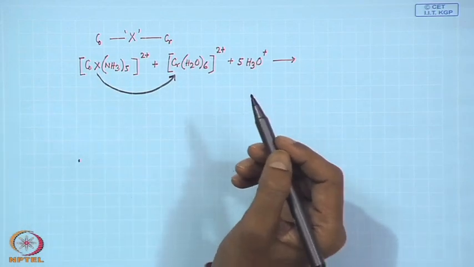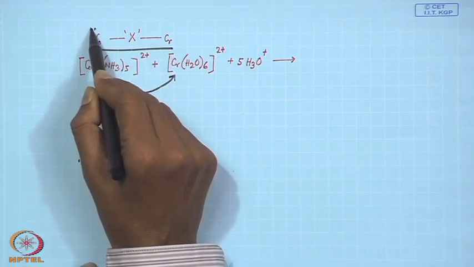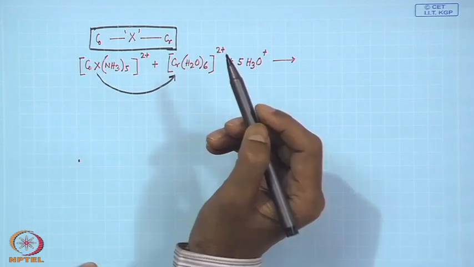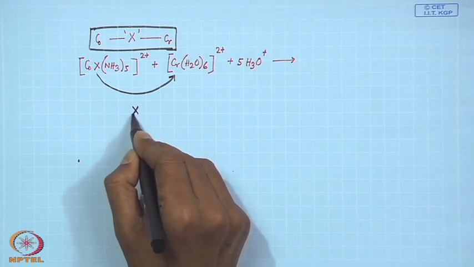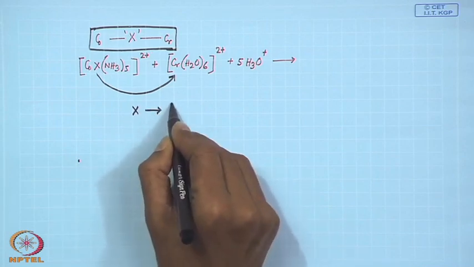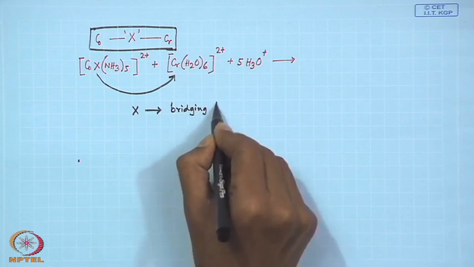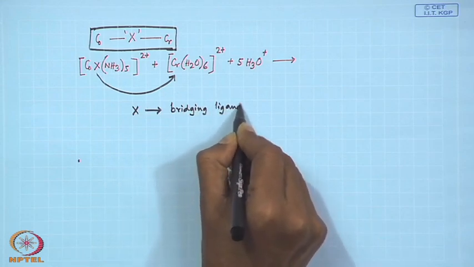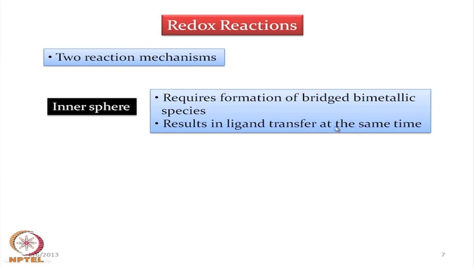How is this happening? This must go through an intermediate where X is the typical bridging ligand. So X should be our bridging ligand. In that case the ligand transfer is also taking place from one side to the other, that means it can move from the cobalt side to the chromium side.